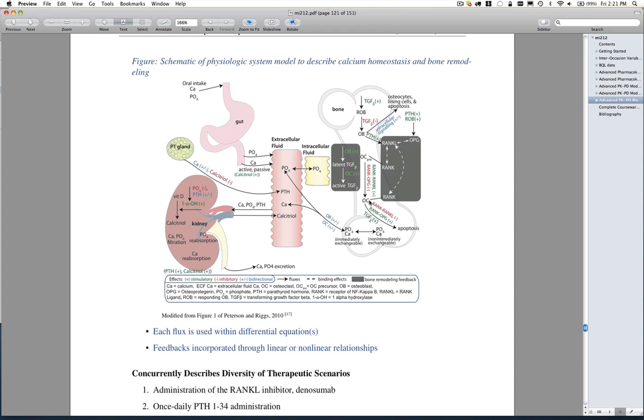So the way then that the BMD is drawn from this, again, is just a function of how these osteoclasts and these osteoblasts change over time. The way that rebound occurs within this model is most notably and probably most easily explained by TGF-beta.